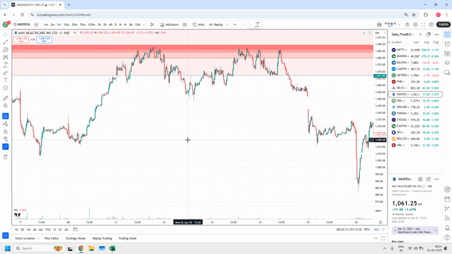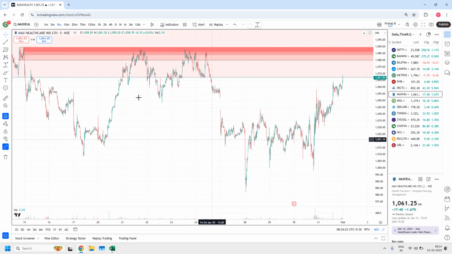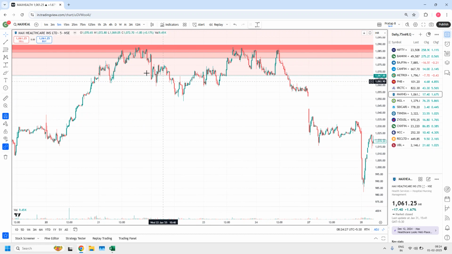See how many opportunities this zone has given. People who are not aware of this high liquidity zone concept, what do they do? They say this is a tested zone and leave. But how many trade opportunities it has given, especially intraday opportunities. Several opportunities it has given.